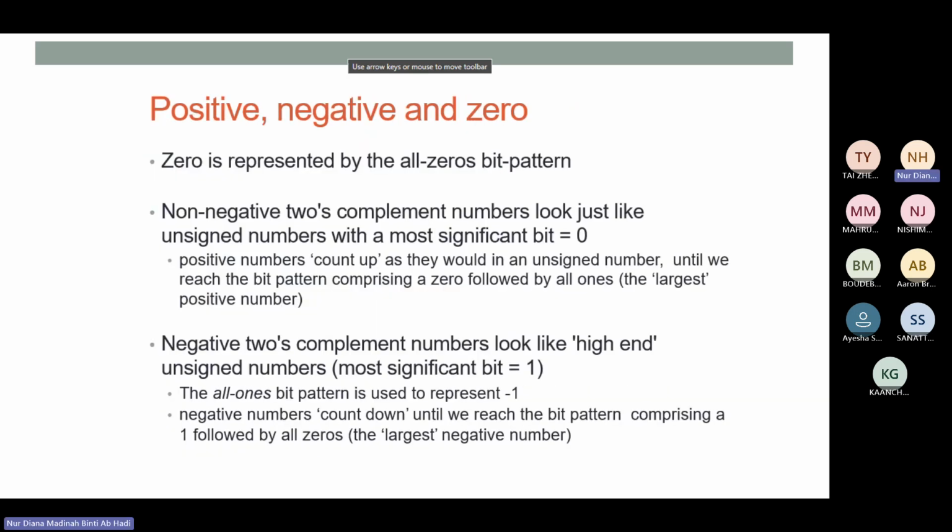So positive, negative, and 0. 0 is represented by the all 0-bit pattern. Non-negative two's complement numbers just look like your unsigned numbers with the most significant bit equal to 0. But for the negative two's complement numbers, you're going to have 1 in front as your most significant bit. Okay.